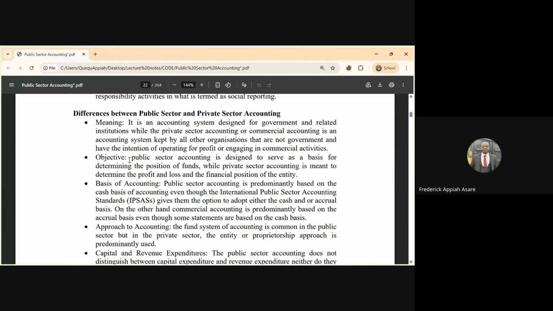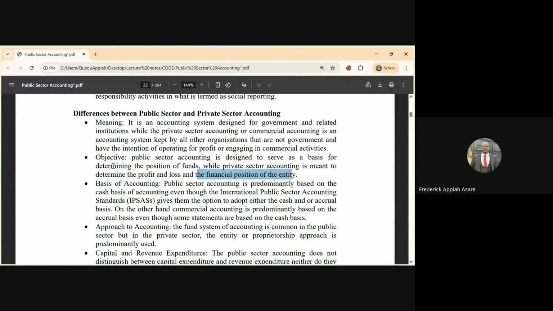When it comes to objective, the public sector accounting is designed to serve as a basis for determining the position of funds. When you are preparing the final accounts for the public sector, you look at surplus and the accumulated funds. You will not be interested in capital and the types of profits that have been made. Rather, they look at the position of funds. While the private sector accounting is meant to determine profit or loss and also the financial position of the entity.